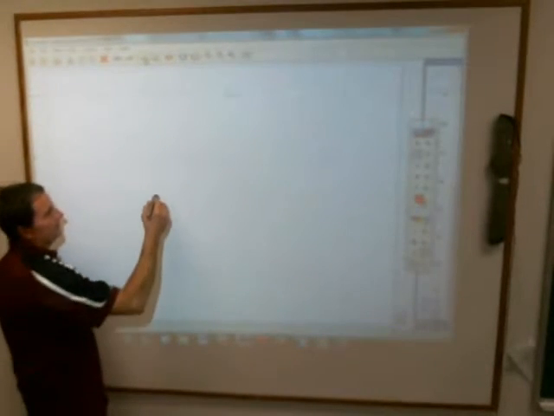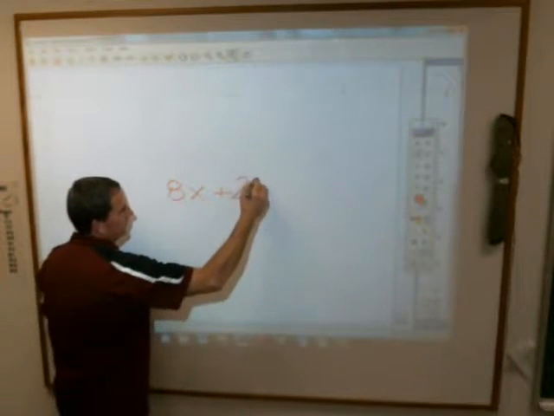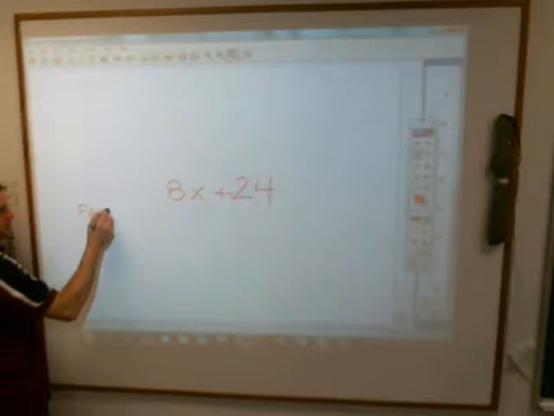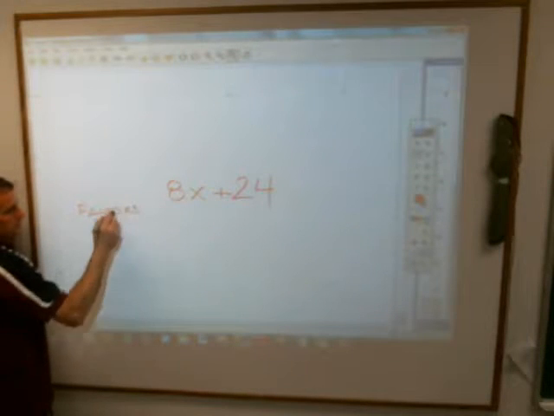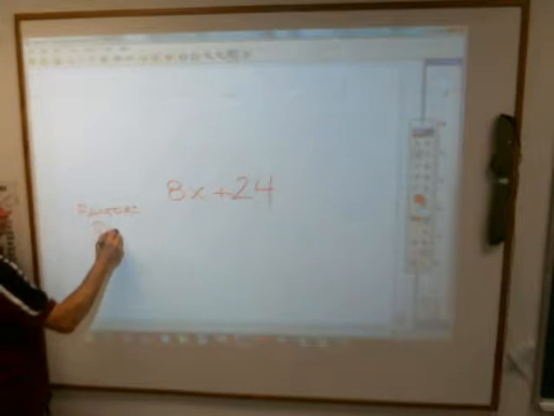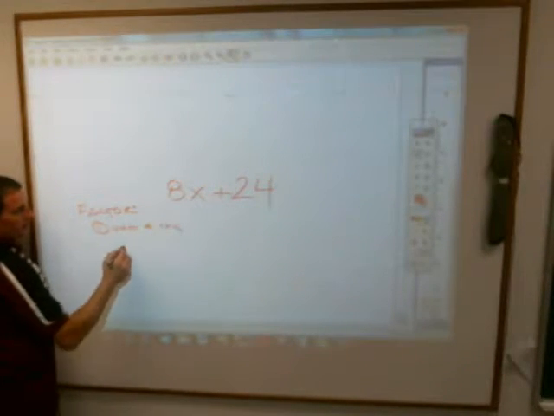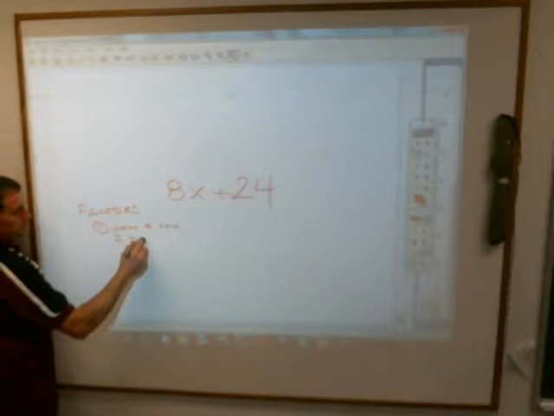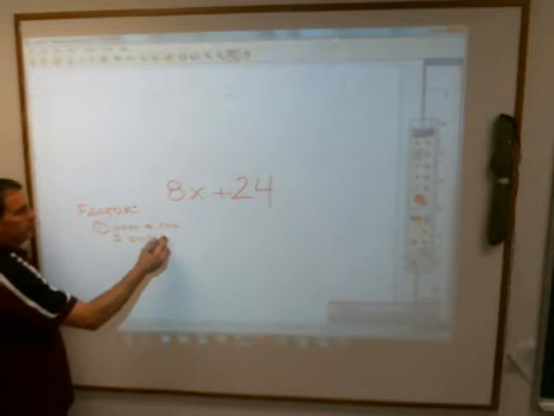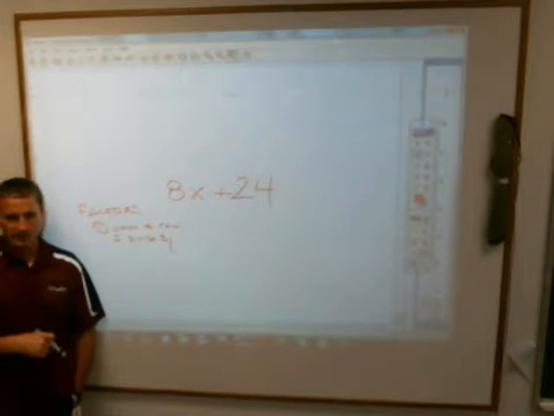So here we go. What if I had this? 8x plus 24. And you are asked to factor that. The first thing you look at is what number can I divide both by? If you're looking at the 8 and the 24, now here's where you have to be careful because there's more than one answer to that.